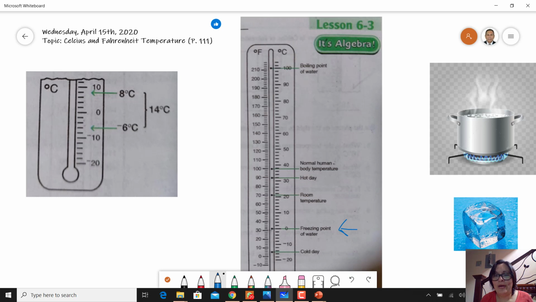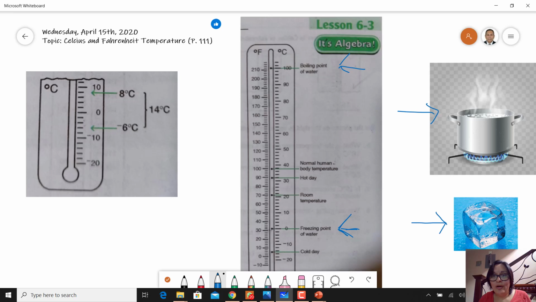Freezing point of water. By here we had boiling point of water, and in here we have freezing point of water. So if boiling point is this one, what is freezing point? Boiling point is when the water has the maximum temperature and it starts to boil. And freezing point of water is when we have this.